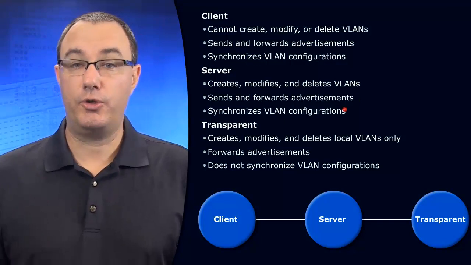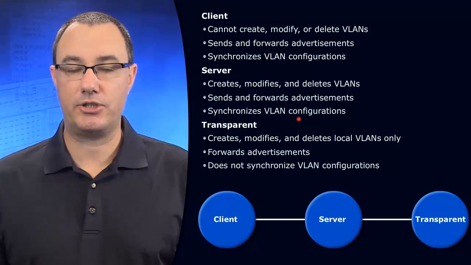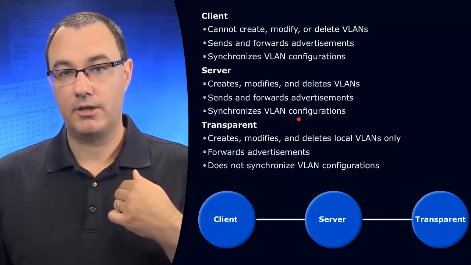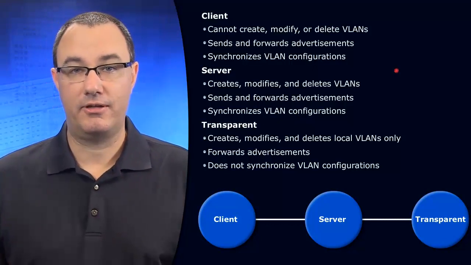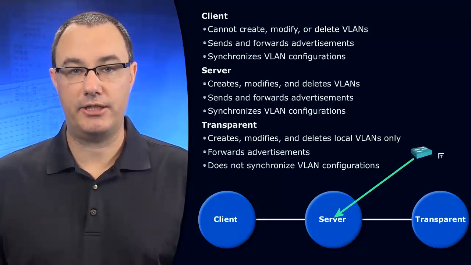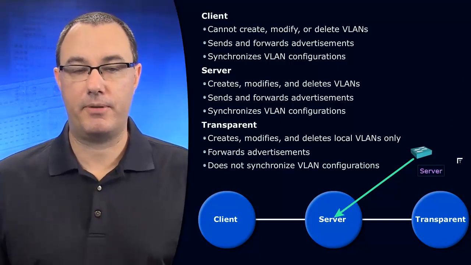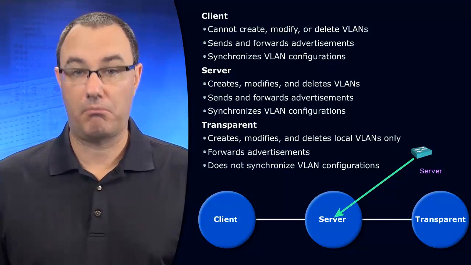If you're a server, you will listen to other servers. That's what this means. Synchronizes VLAN configuration says that upon receipt, if I'm a server and I get an update from another switch, let's say I add a switch here, and that switch is a server in terms of VTP, if I make a change on that server, one server can talk to another server.